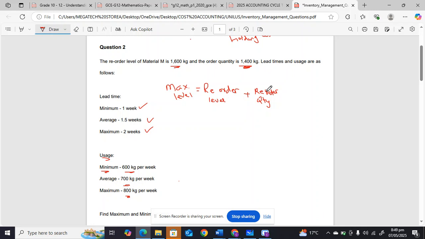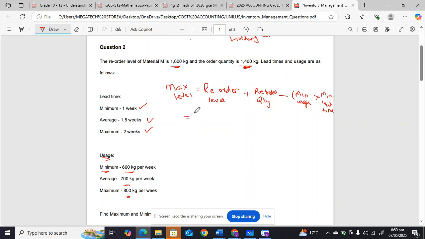So the reorder level plus the reorder quantity minus open brackets the minimum usage times the minimum lead time.